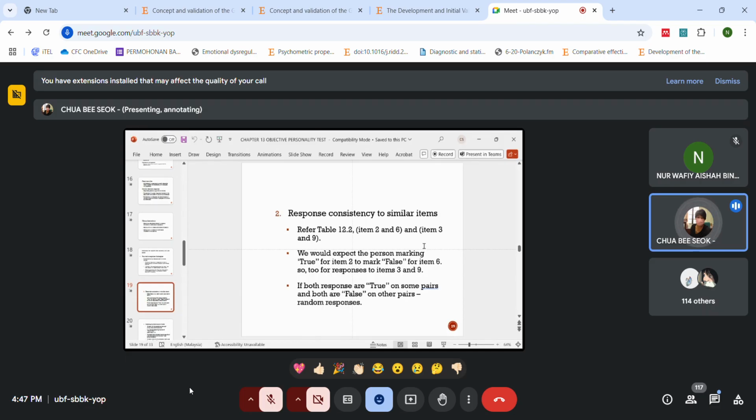If you refer to the items just now in the table with the same color, item 2 and item 6, and item 3 and item 9, right?